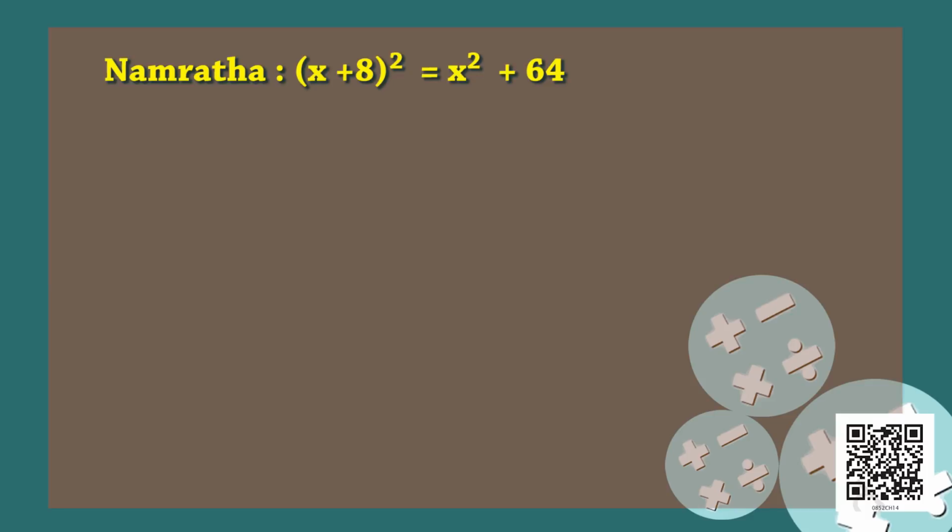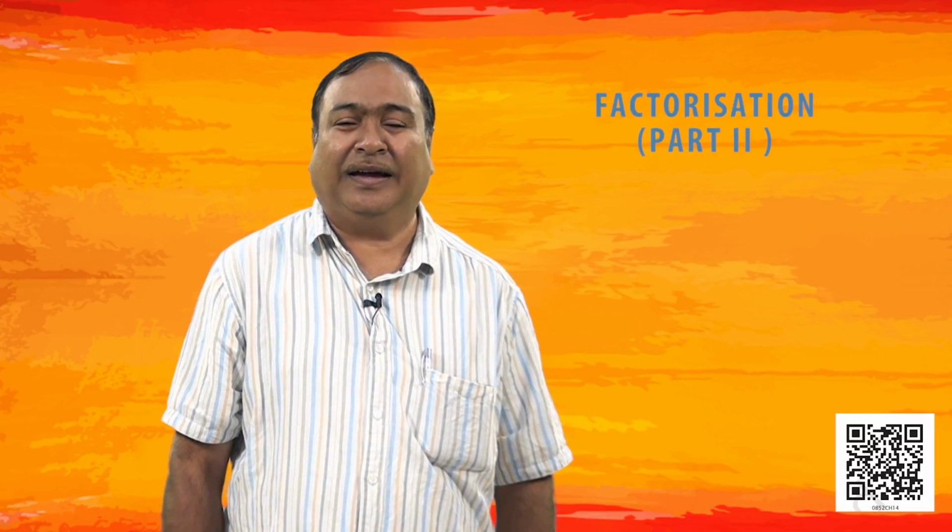x plus 8 whole square is equal to x square plus 64. This is done by Namrata. Now, see how Salma has done. x plus 8 whole square is equal to x square plus 16x plus 64. Who is correct? Again Salma is correct, because x plus 8 whole square means it is not just the sum of x square and 8 square.